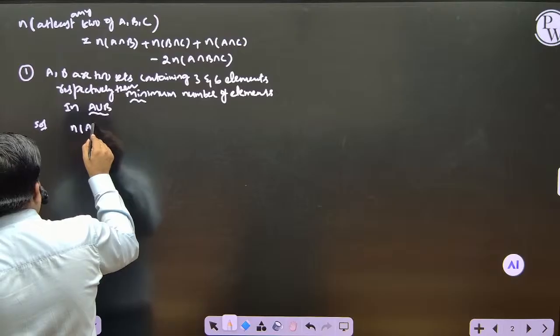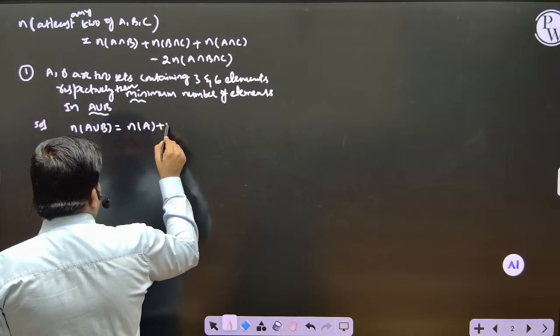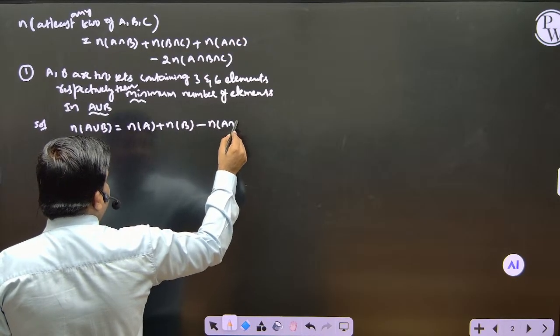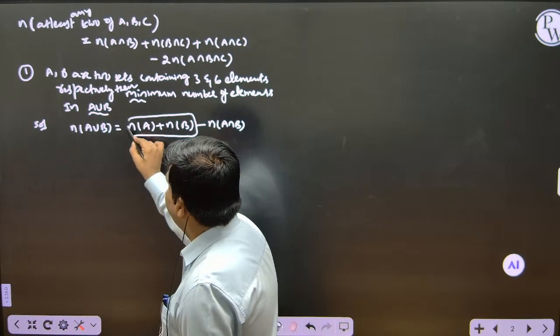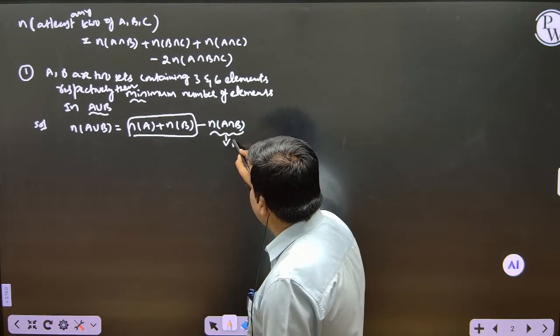What is the n of A union B formula? n of A plus n of B minus n of A intersection B. When you get a minimum, when subtracting part is what? Maximum.